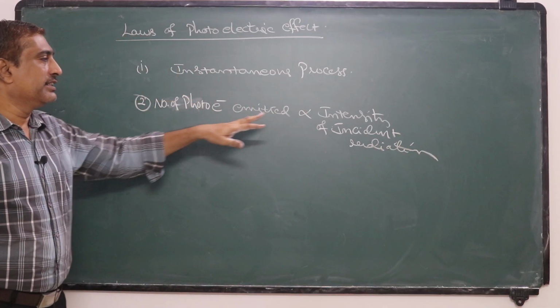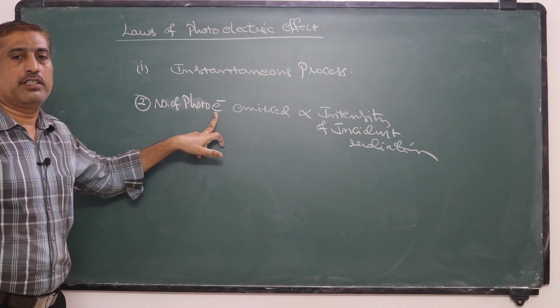So if we increase the intensity of radiation, more electrons are emitted.